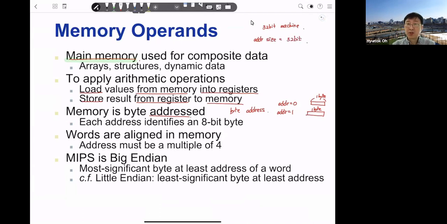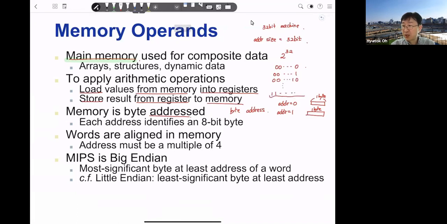So using 32 bits, how many items can we distinguish? Using 32 bits, we can distinguish 2 to the 32 cases. Everything is 0, then 0, 0, 1, then 0, 0, 1, 0, and so on, until everything is 1.